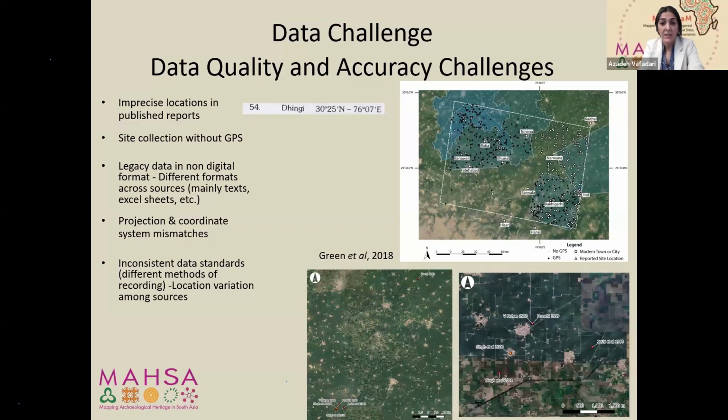Spatial inaccuracies, missing attribute information, and mismatched coordinate systems can significantly affect analysis results. Integrating data from multiple sources requires extensive processing and standardization. Differences in classification systems, software compatibilities, and different methods of recording can further complicate workflows.